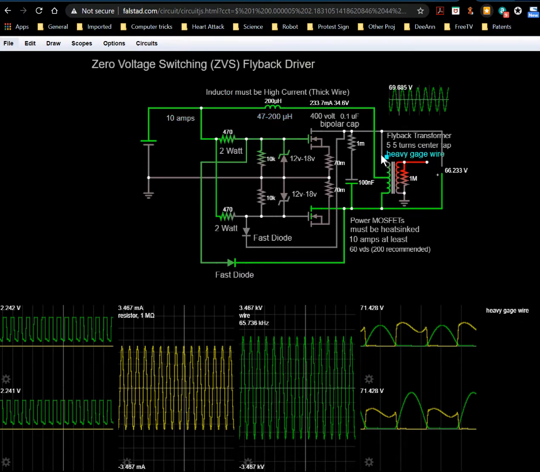But you've got positive flowing through here, and let's say this transistor turned on first. Well, since this transistor is on, you can see down here it's at 1.47 volts, whereas this one's at 67 volts. Why is this at 67 volts? It's at 67 volts relative to this point.